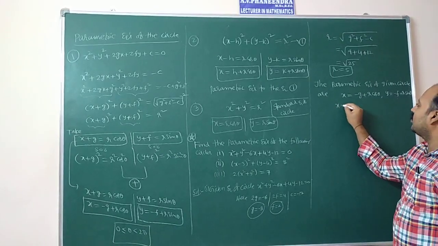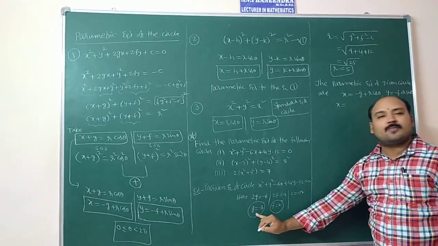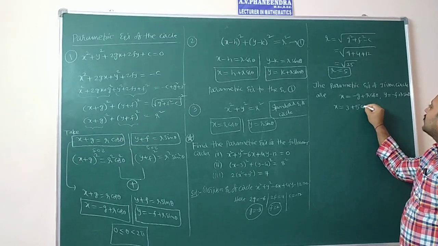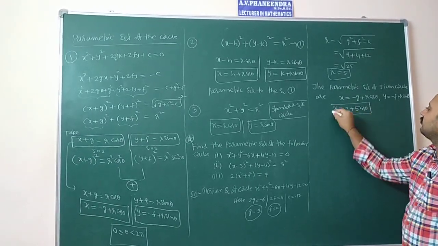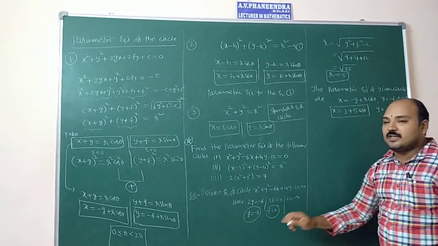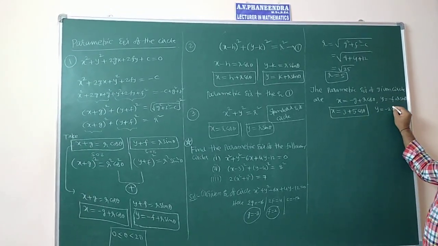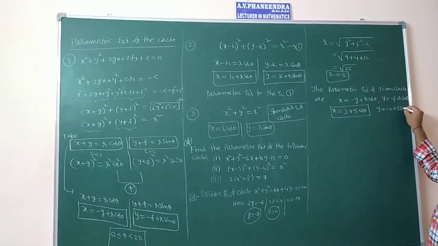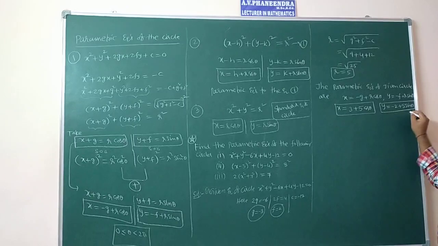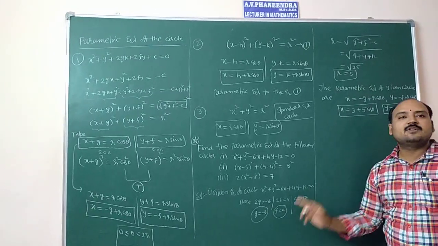So x is equal to minus of minus 3, plus 3, plus r value 5 into cos theta. y is equal to minus f, minus 2, plus r value 5 into sin theta. These two equations are called parametric equations to the given equation of circle.